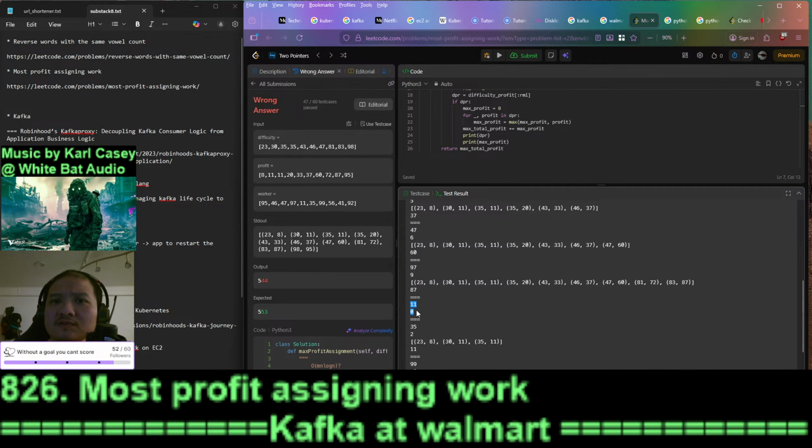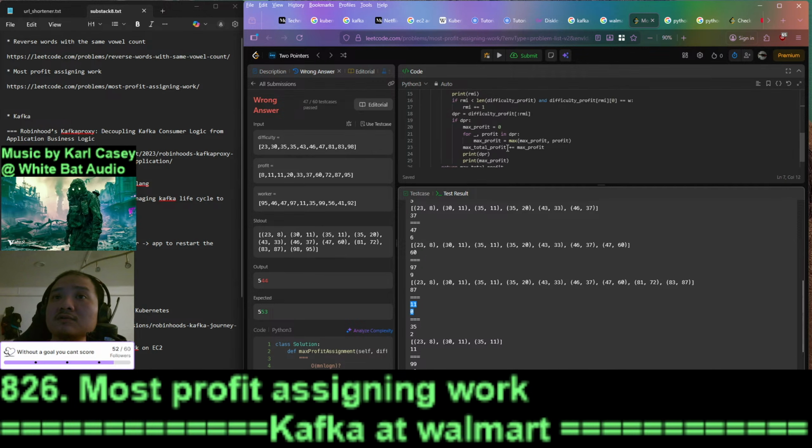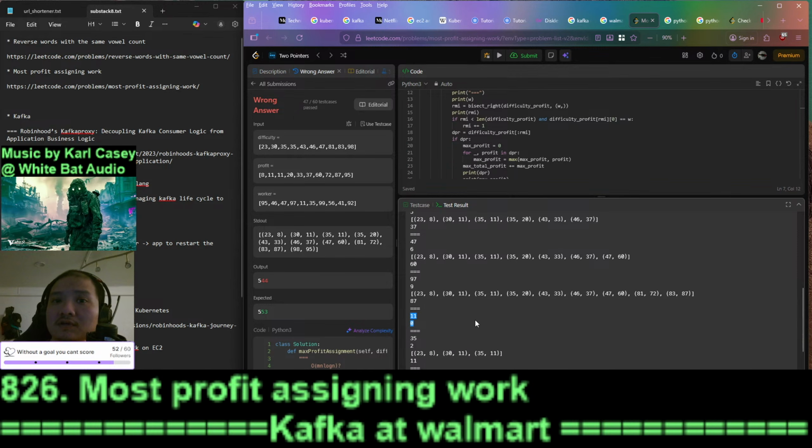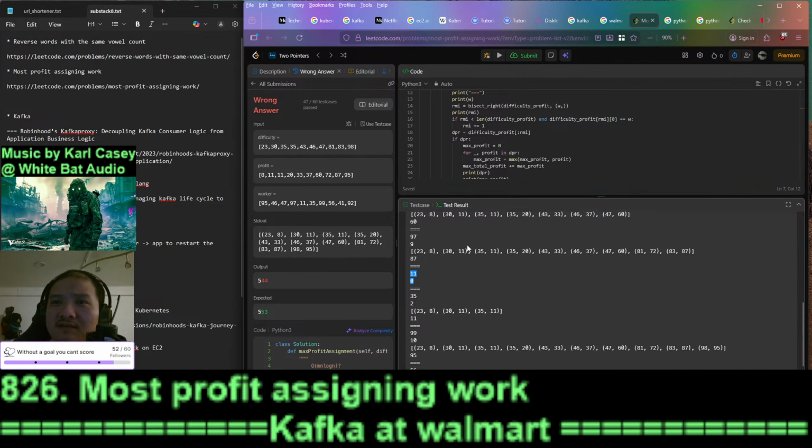Oh, something wrong here. We want to find 11, okay? If we want to find 11, we couldn't assign him anything, right? Okay. So, okay, 35, good. 35 is 20 here.